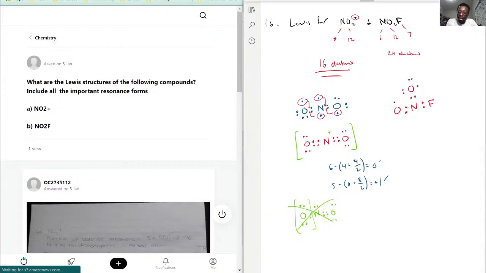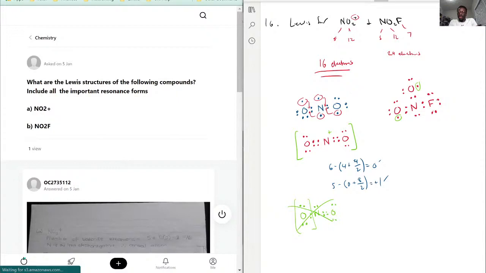Same thing here, 2, 3, 4, 5, 6. And now the fluorine is going to be 2, 3, 4, 5, 6, 7. And nitrogen is right now sharing 3 of its 5, so 4, 5. So the only lone pairs here are this one here and that one there.